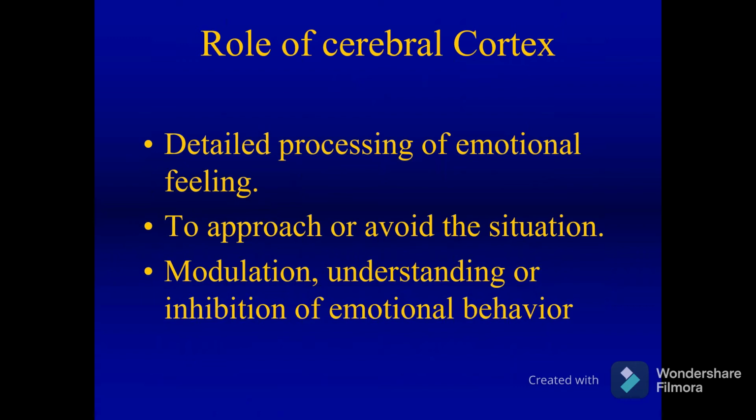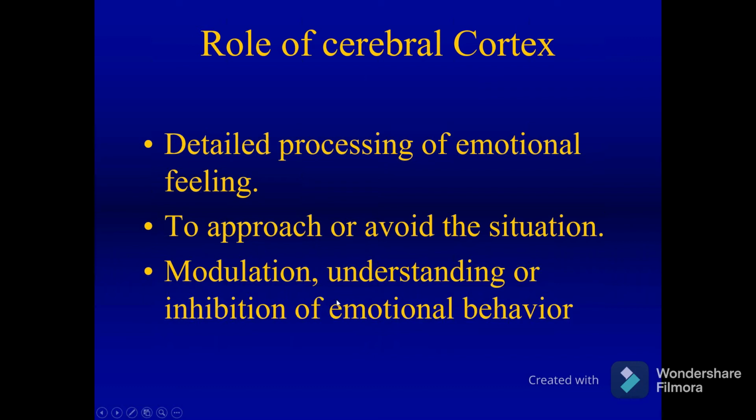So what is the role of the cerebral cortex? The cerebral cortex is important for detailed processing of emotional feeling. It is also important to approach or avoid a situation. Sometimes we avoid the situation, sometimes we approach the situation, and this is done by the cerebral cortex.